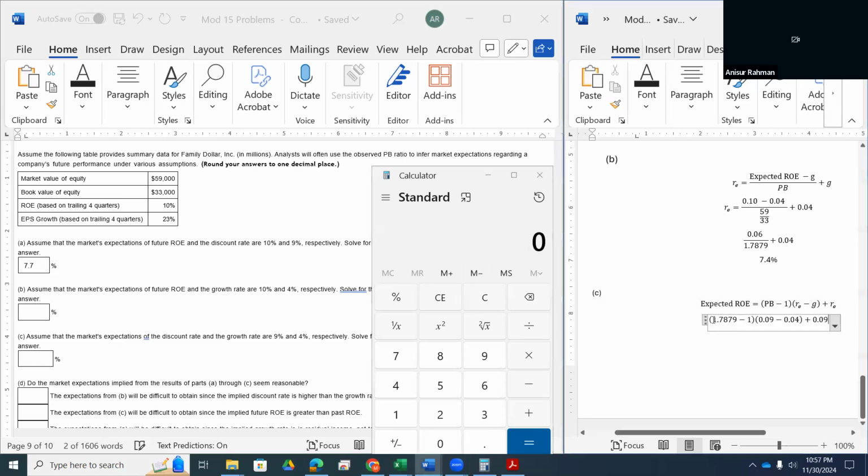So from this first subtraction, 0.7879 multiplied by this difference, 0.05, and then add 0.09, which is 12.9%.